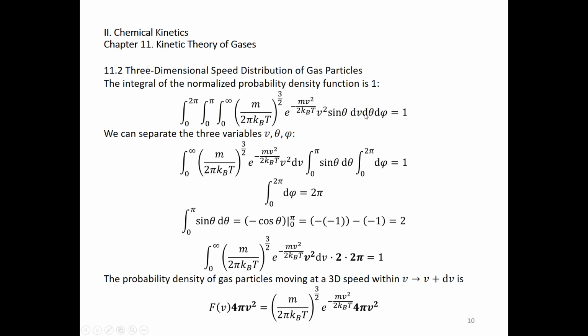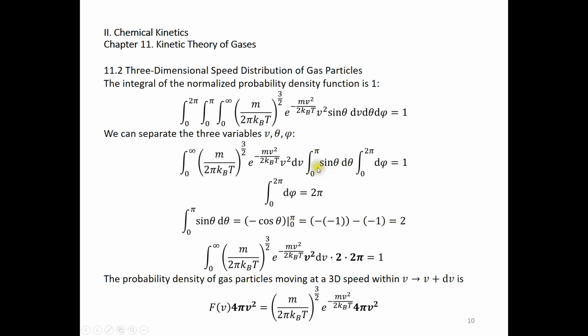Now let's separate the three variables. We have three single-variable integrals: an integral of v, an integral of theta, an integral of phi. The integral of phi is simply 2 pi. The integral of sine theta is negative cosine theta from 0 to pi, and the result is 2.